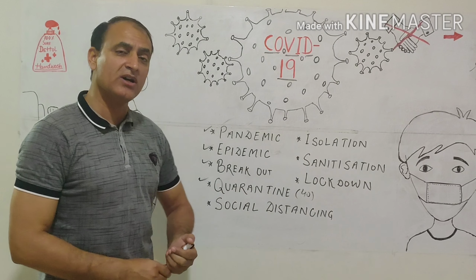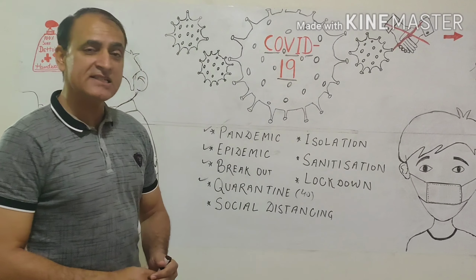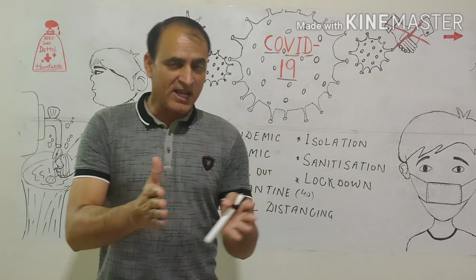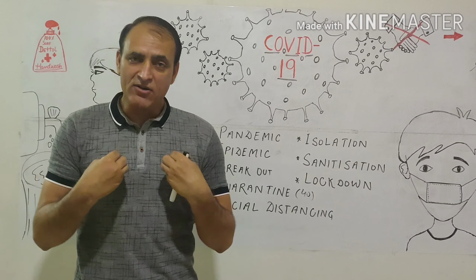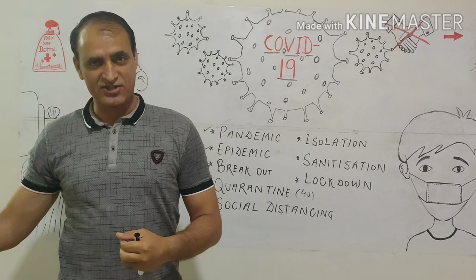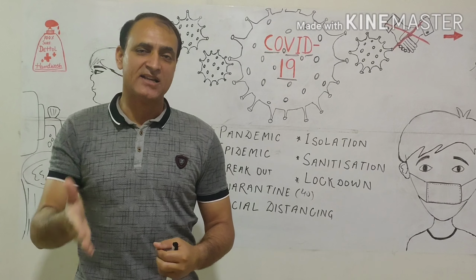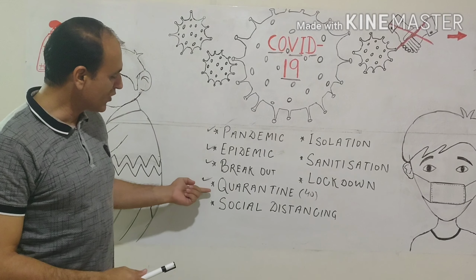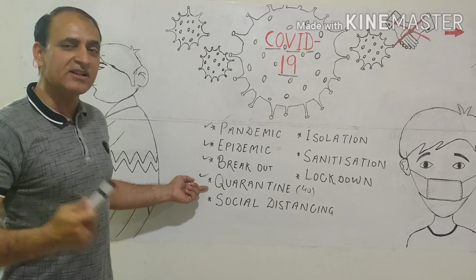So over here, quarantine means a span of time for which we have to keep ourselves in isolation. That period is termed as quarantine, and this word also has biblical references.